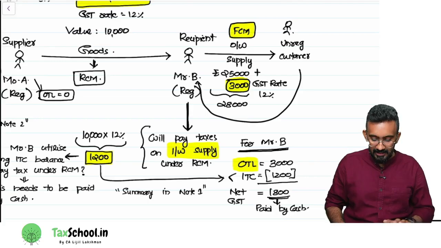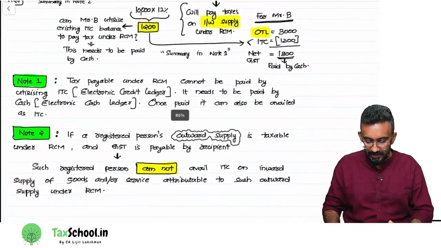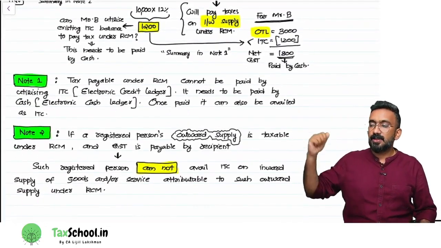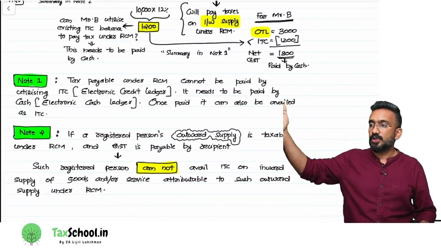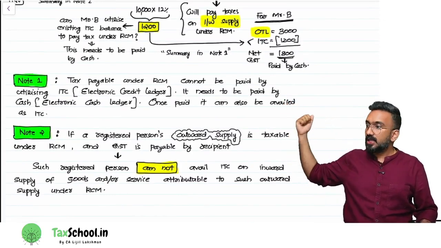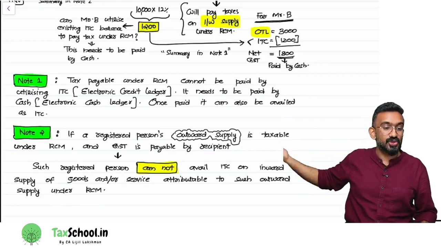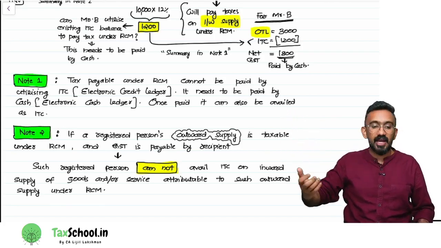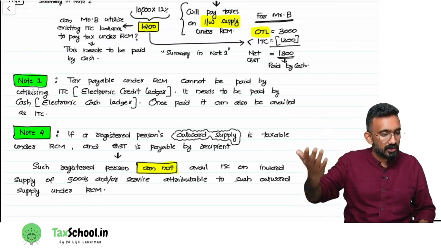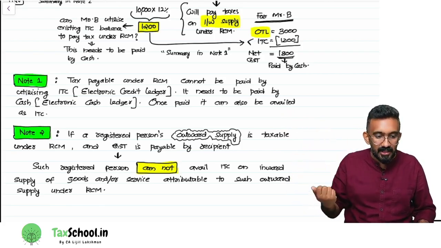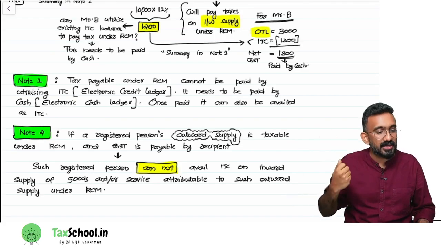You guys understanding? This is what we have written in note number 1. Let's look at it again. Tax payable under RCM cannot be paid by utilizing ITC. This needs to be paid by cash. Once paid by cash, that is also allowed as ITC, because I purchased and paid tax on the purchase. That is my inward supply. Whatever tax paid on inward supply can be taken as ITC.